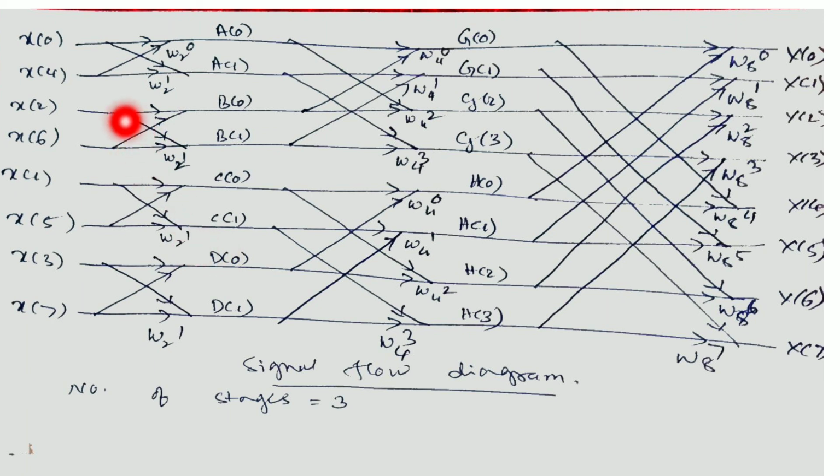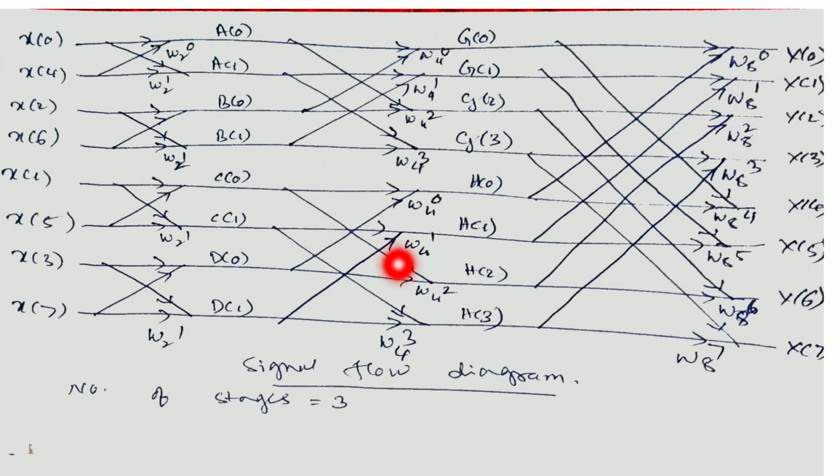And in this stage, this structure is called a butterfly. This is one butterfly here, second butterfly, third butterfly, fourth. So totally we have 4 butterflies in the first stage. Similarly, when I go to the second stage, I find once again 4 butterflies here. This is one, and this is the second one.